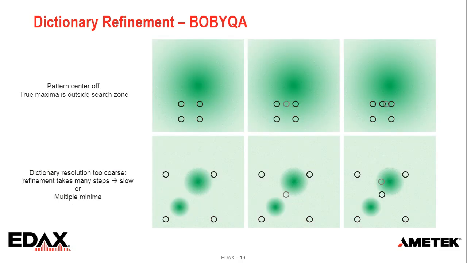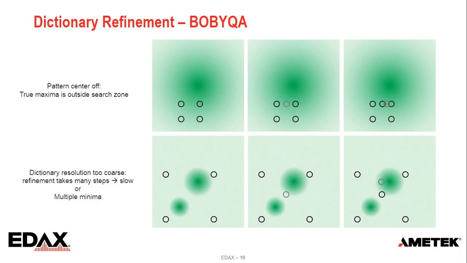So the places that this can run into challenges is if you don't have a good pattern center fit on your initial dictionary. Because small pattern center shifts and small orientation changes have very similar effects on what the pattern looks like, if your pattern center is off, then your true best fit is going to be outside of your search box, which means you'll get to the best place within the search box, but there's a better place outside that is inaccessible.